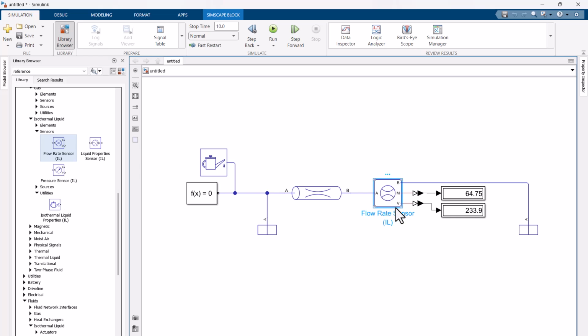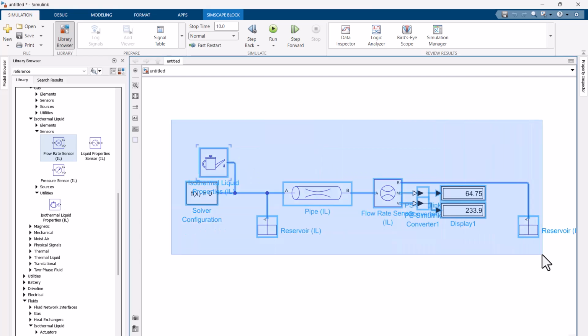Having 1,000 sensors is not going to change the result of your system. They just display the values of the fluid parameters in the system. So feel free to add as many sensors as you like. They're not going to change any of the results.